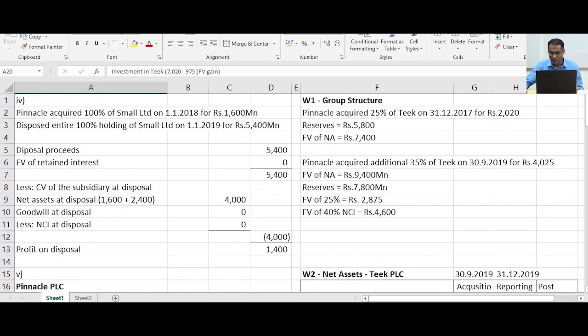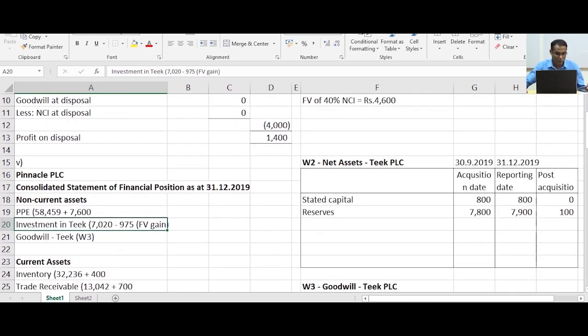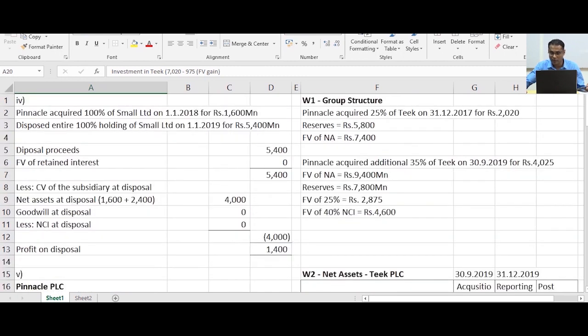Thereafter, on 30th September 2019, Pinnacle invested another 4025. The total of 2020 plus 4025 comes to 6045. That is the total of the 25% investment value and the 35% investment value.